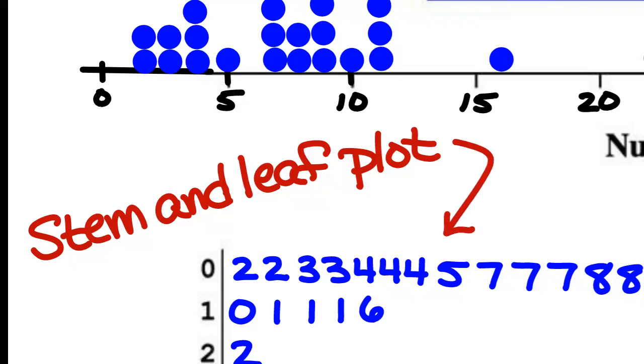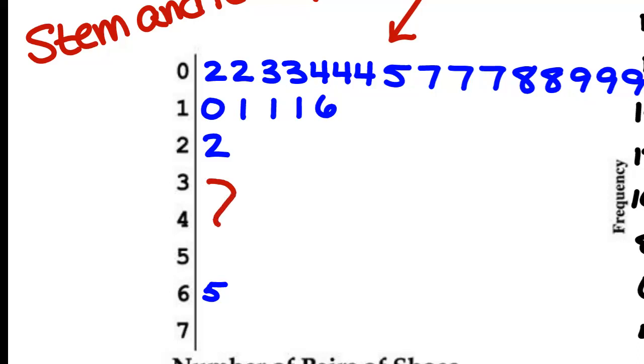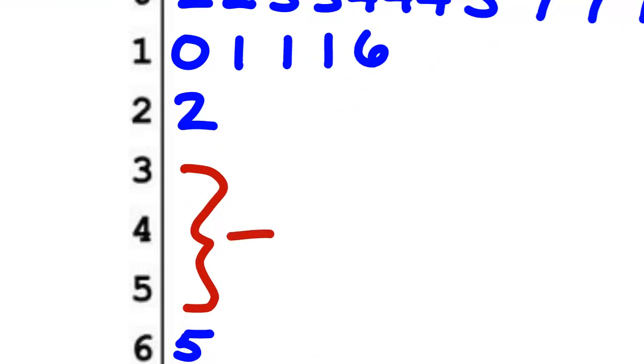We have it labeled down here, number of pairs of shoes. This should show the gaps in the data.